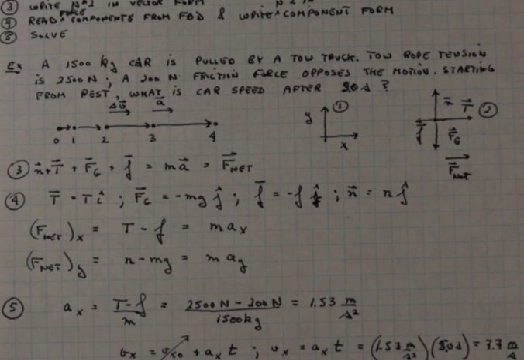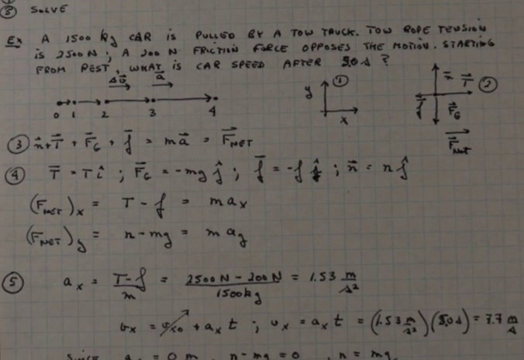Let's say, this is from your book, a 1,500 kilogram car is pulled by a tow truck. The tow rope tension is 2,500 newtons, but there's also a 200 Newton frictional force that opposes the motion. The car starts from rest. What is the car's speed after 5 seconds?